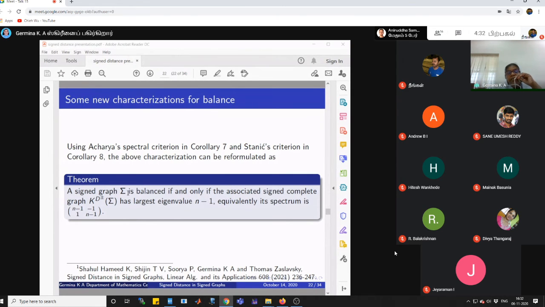A signed graph sigma is balanced if and only if the associated signed complete graph K plus or minus of sigma has largest eigenvalue n minus 1, or equivalently its spectrum is n minus 1 and minus 1 repeating n minus 1 times. This is a very beautiful theorem, and we got it from Acharya's spectral criterion and Stanic's criterion, which is mentioned in Corollary 8.